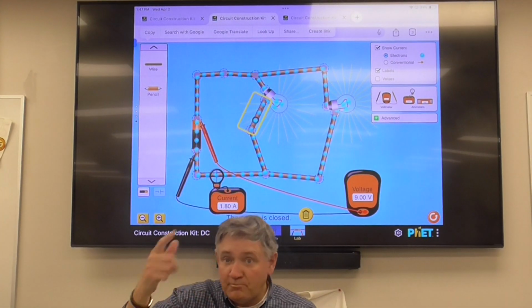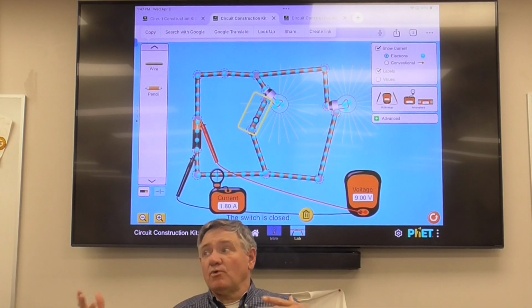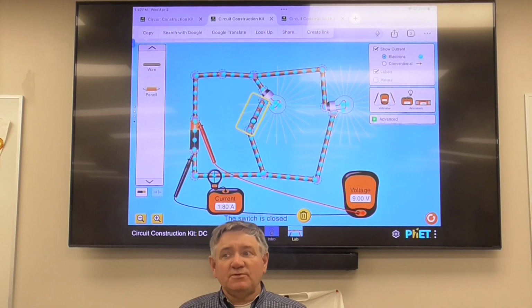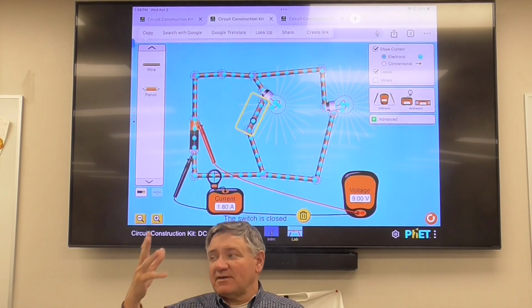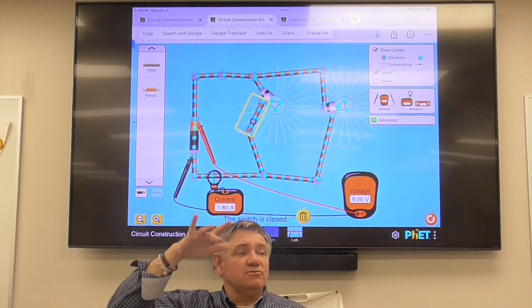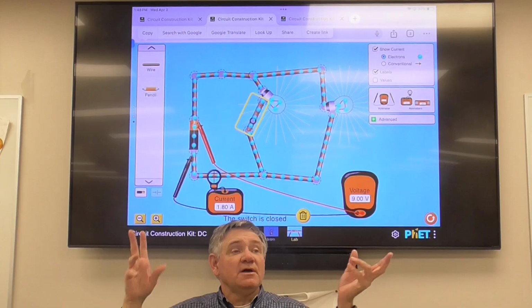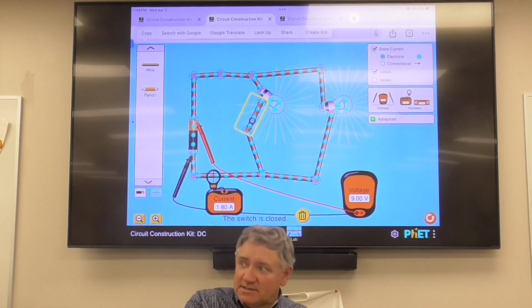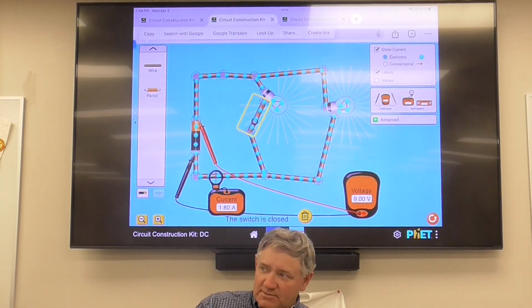As you run more and more things in parallel, what's going to happen to the current? It's going to go up, because you have the same voltage and you have decreased the equivalent resistance. If you have a 15 amp breaker and you exceed that, the breaker trips, and then you've got to go back down and reset it.